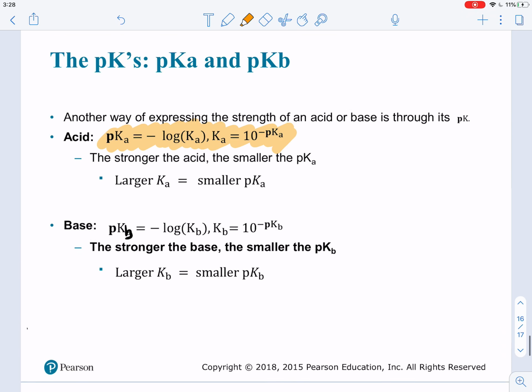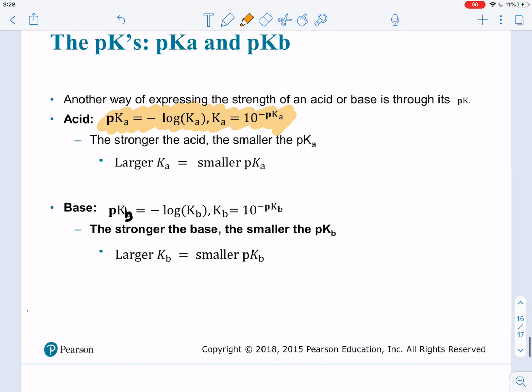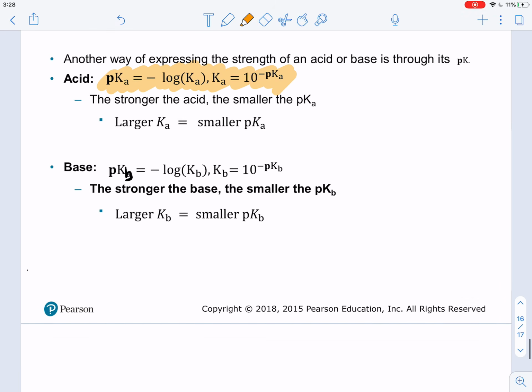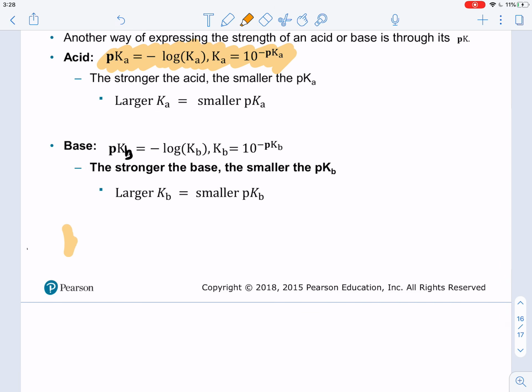The thing that you have to remember here is that whenever you are converting the Ka to pKa, and let's stick with that for now, the larger the value of Ka, the smaller the value of pKa.